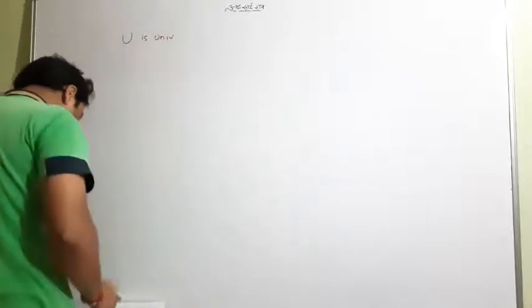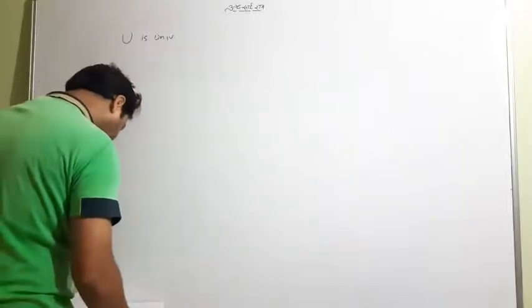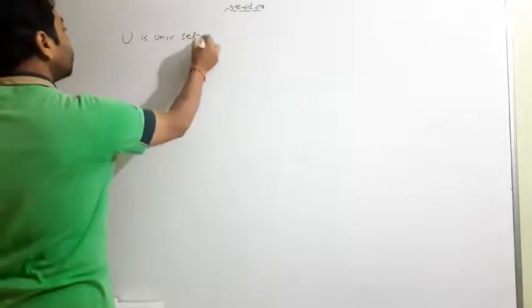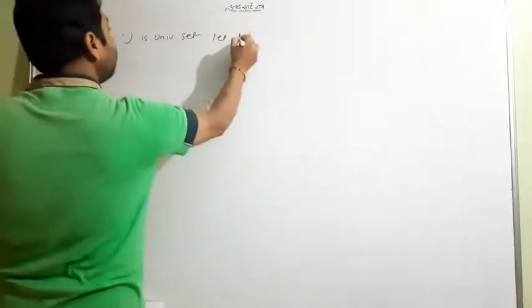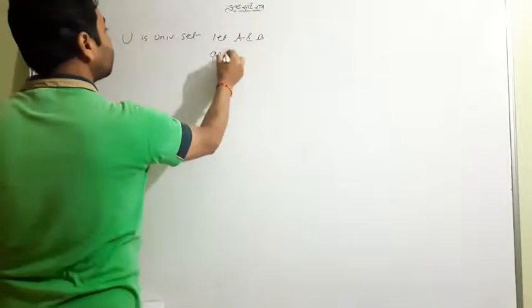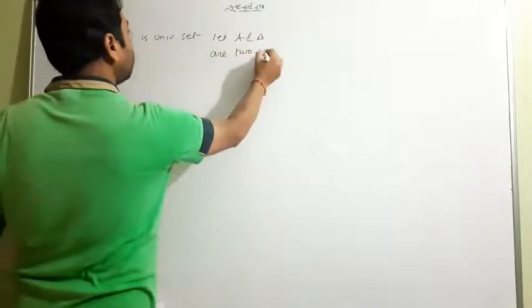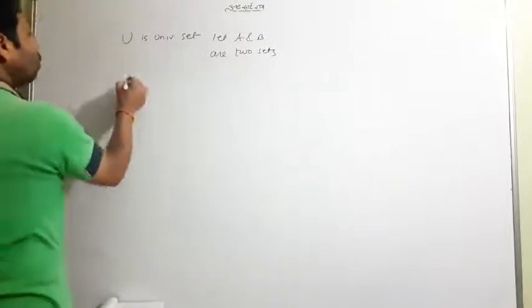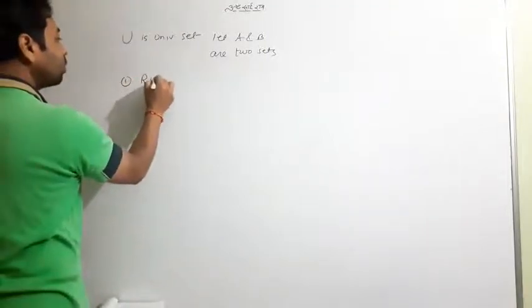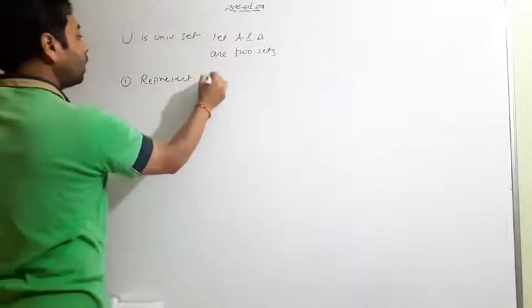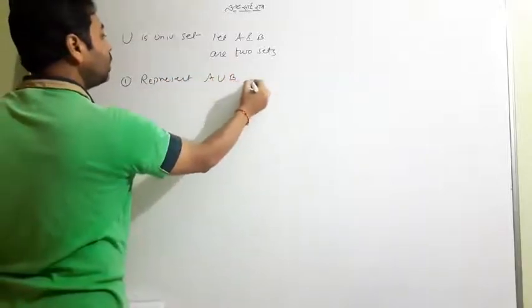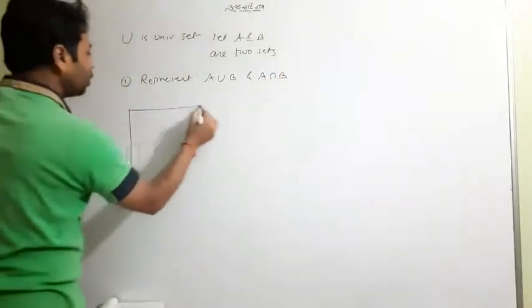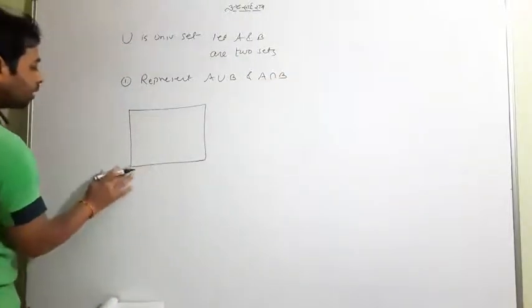U is a universal set, and let A and B be two sets in it. How do you represent A union B and A intersection B? Two pictures I will make.